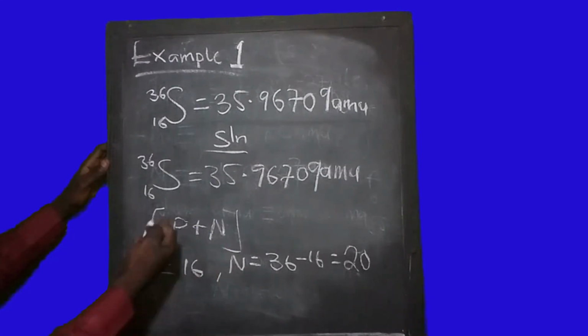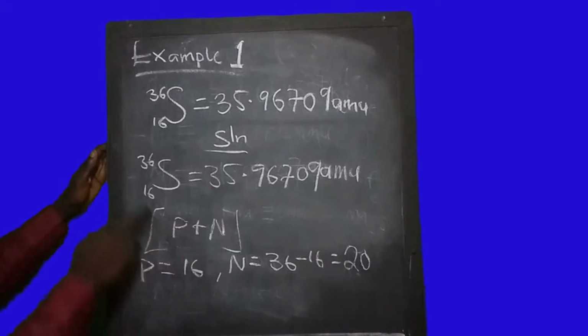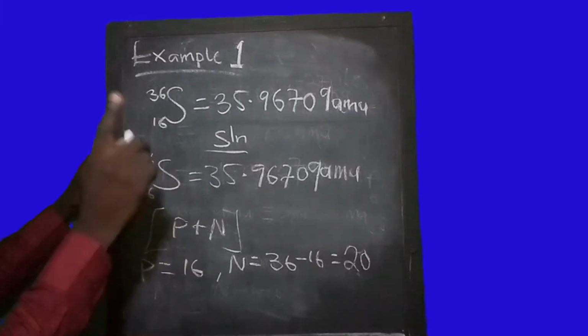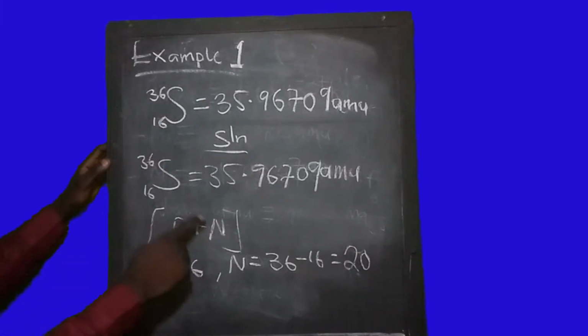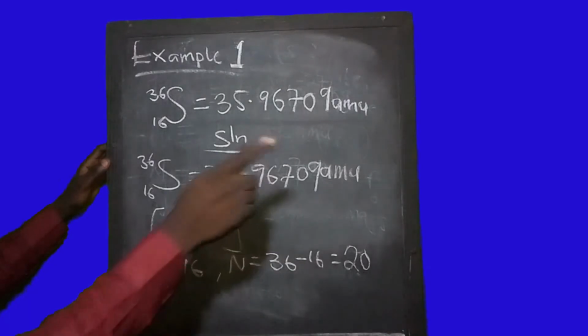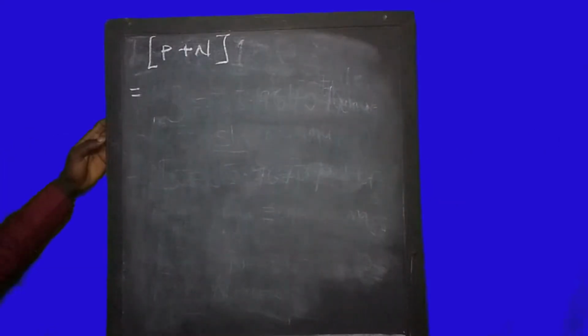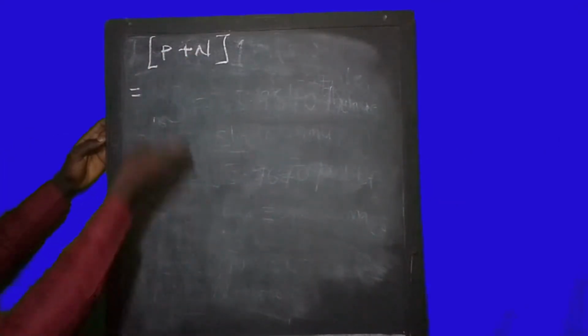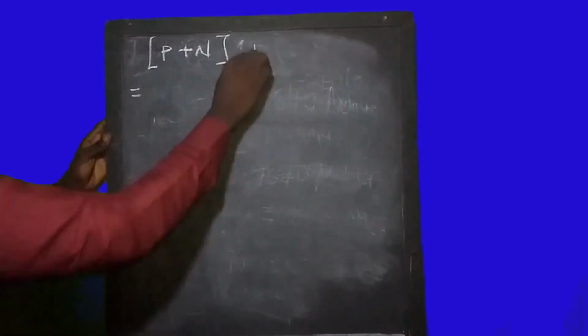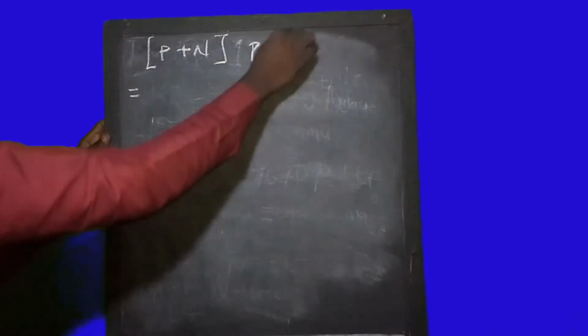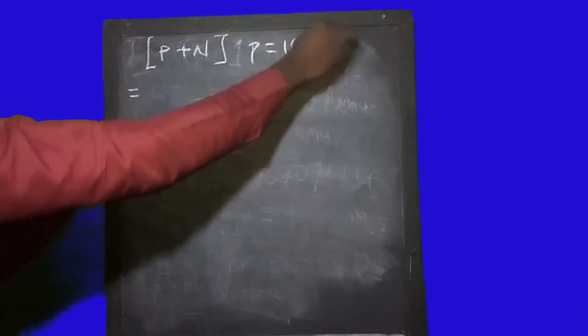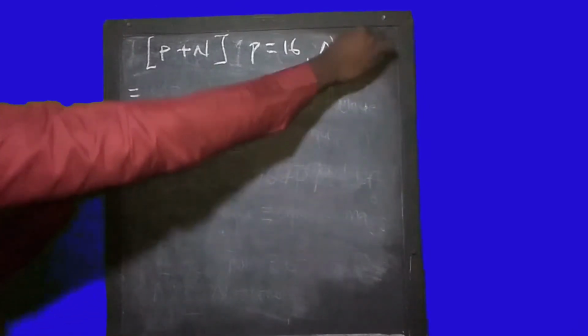So we are going to multiply them with their constants and add them together. You have to multiply this proton by its constant value and this neutron by its constant value, then sum them together. We already know that our proton is 16 and our neutron is 20.